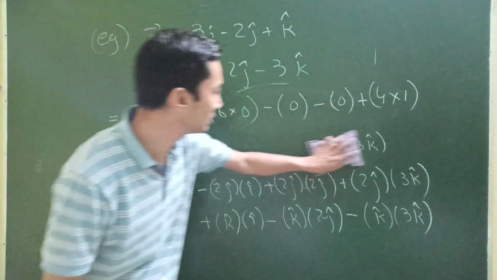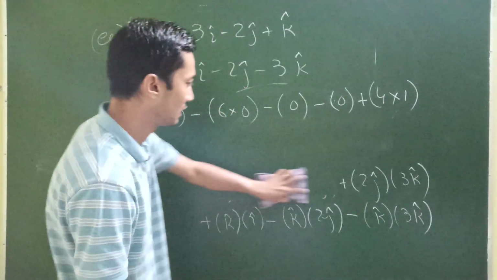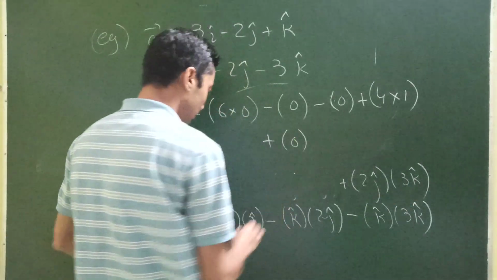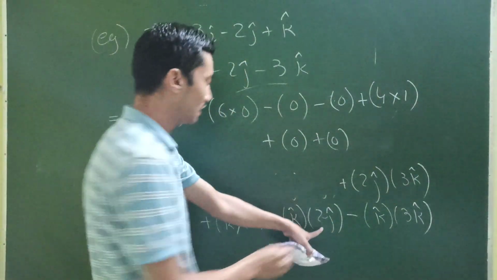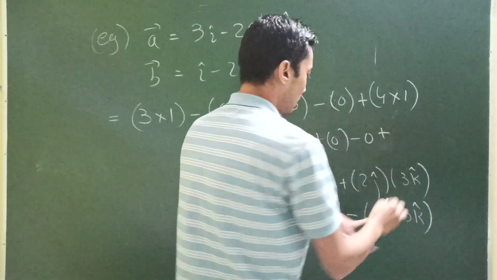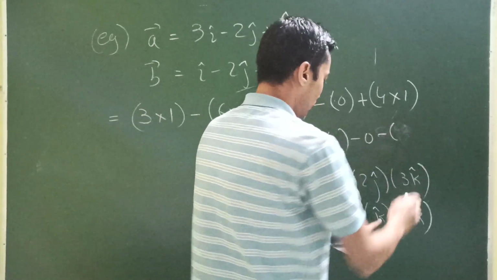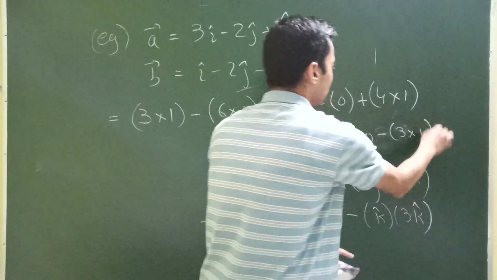This is done, right? Next, plus, j dot k, that is also 0, k dot i is also 0, k dot j is also 0, plus minus 1, 3 1's are 3 into k dot k, that is 1.